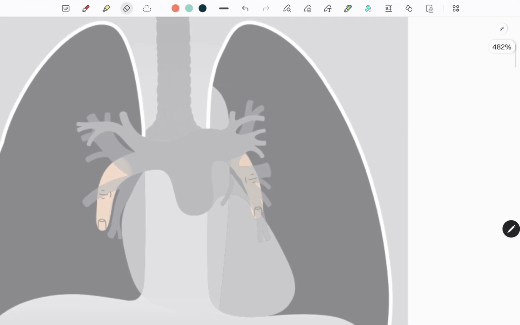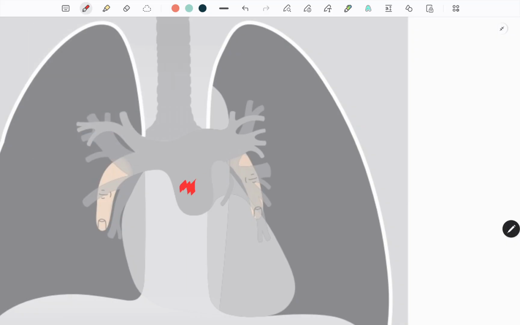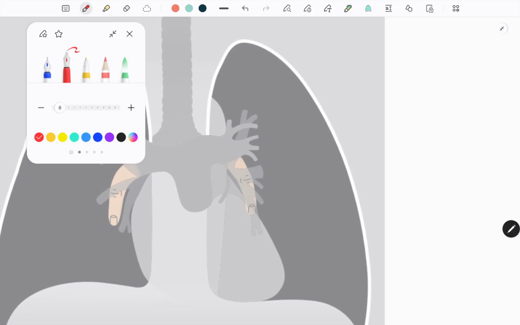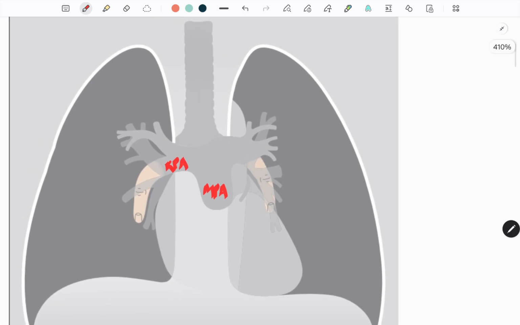This is the right pulmonary artery. And this is the left pulmonary artery. We should see the right pulmonary artery and the left pulmonary artery.